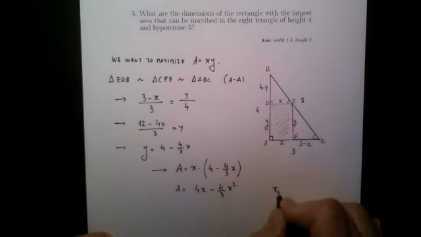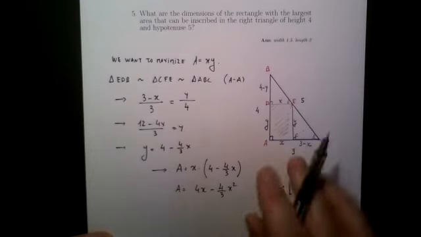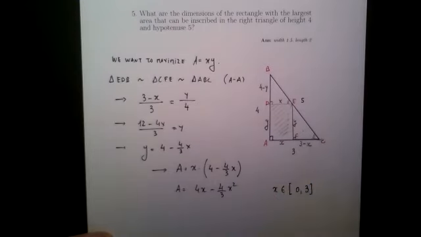From what to what? What's the smallest value of x? Zero. 0, and the biggest? 3. Okay, it cannot exceed 3, of course. The smallest could be 0, and the maximum could be 3. And in both cases, of course, the rectangle will be completely flat, and so the area will be 0.